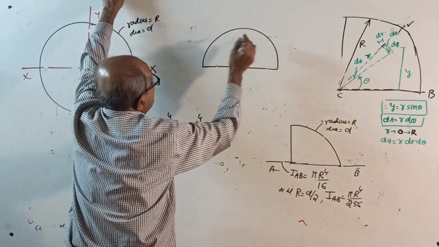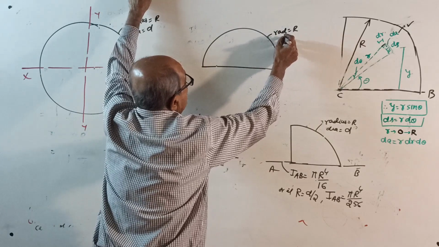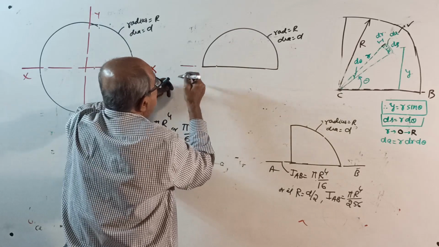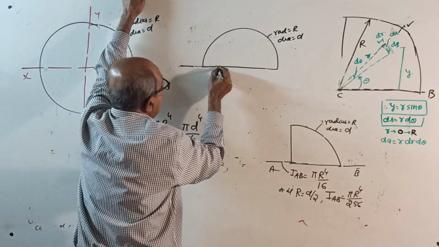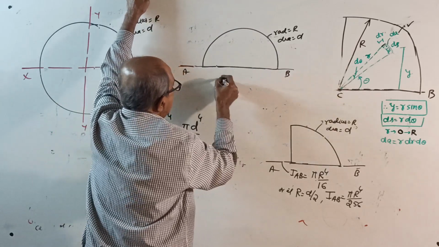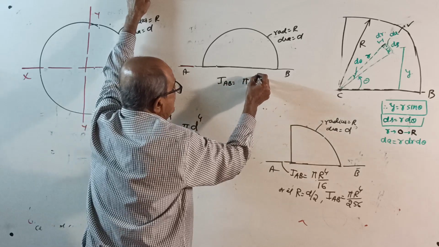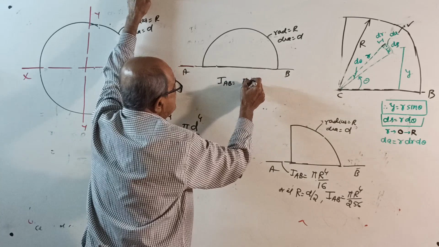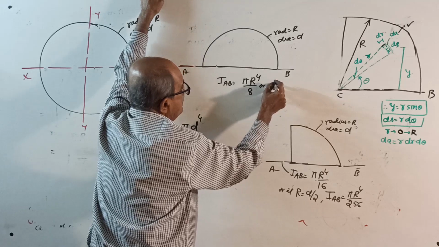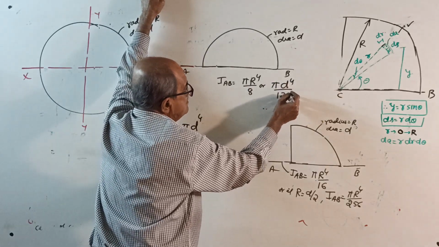Whereas if it is a semicircle of radius equal to r or diameter equal to d, then your I about base, it is not your centroidal axis. If you call this axis AB, your IAB equal to pi r power 4 by 8, or if you want diameter, pi d power 4 by 128.